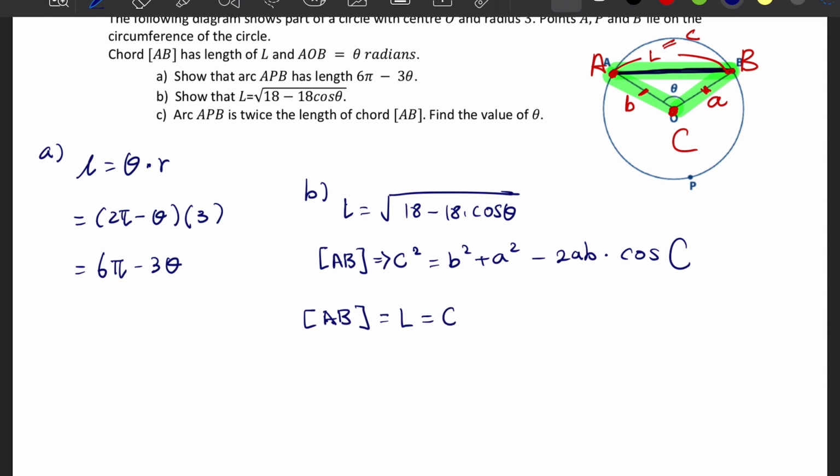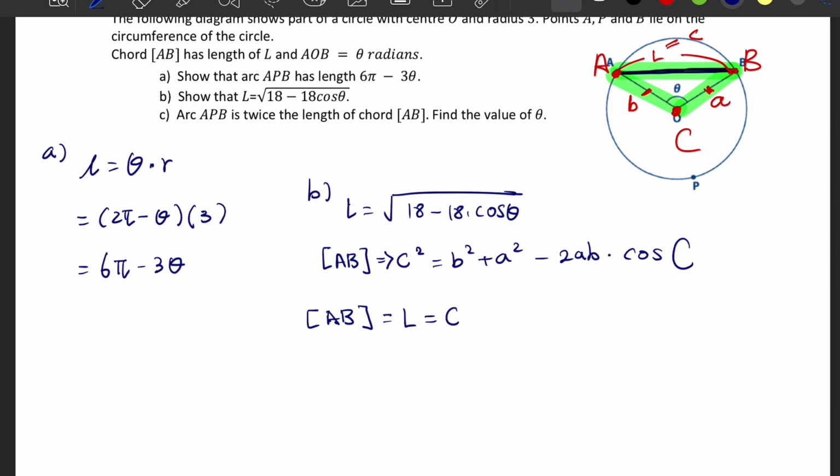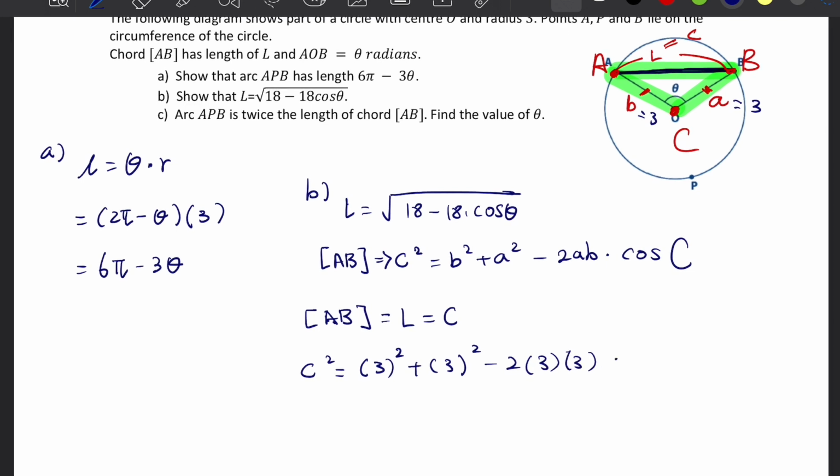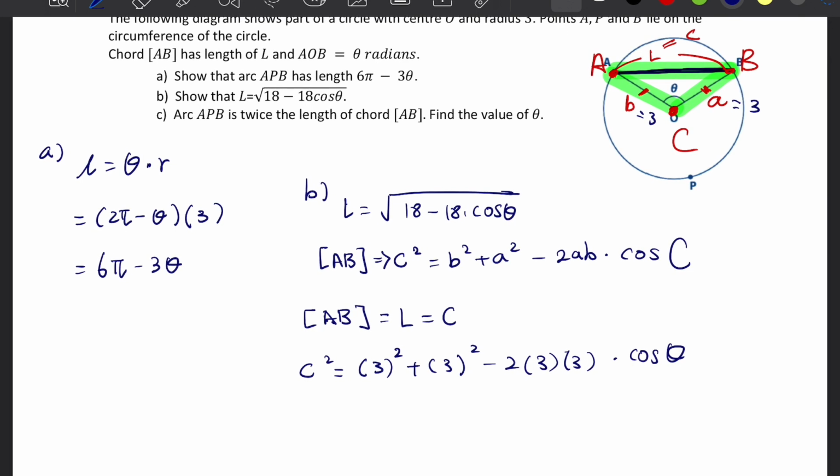Then let's identify c first. c squared is equal to b, which is the radius, so it's 3, and a is also 3. So b squared is 3 squared, a squared is also 3 squared, minus 2 times 3 times 3 times cosine of angle theta.